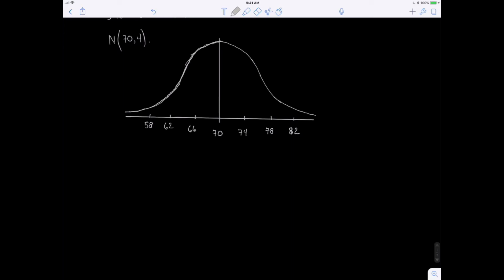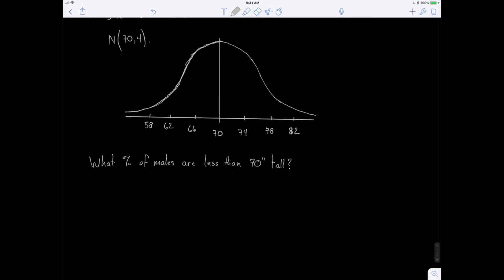So let's use our picture and tackle a few questions. The first one is, what percent of males are less than 70 inches tall?